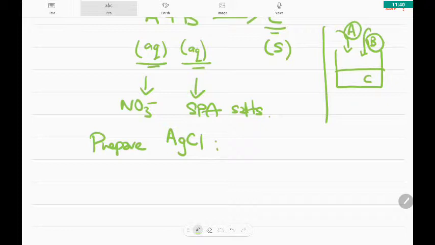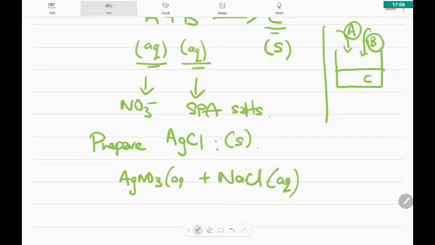Well, I would have to first determine that it's an insoluble salt, so I'll be using the precipitation method. And as we have said earlier, the precipitation method requires both aqueous salts. So I could easily be using silver nitrate reacting with a spar salt, sodium chloride.